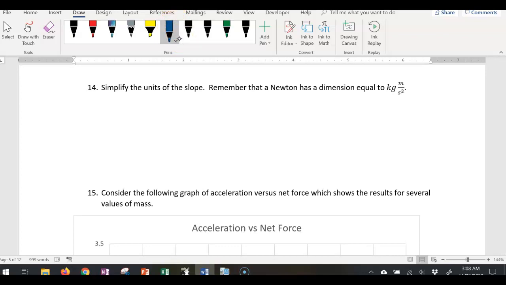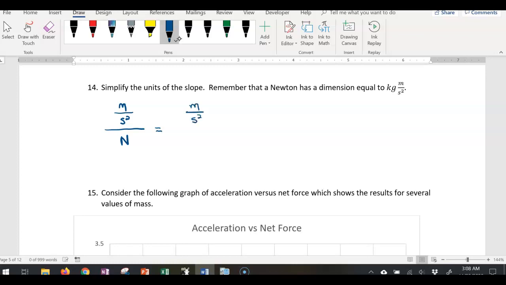Because our graph was acceleration versus net force, the units on the y-axis were meters per second squared. The units on the x-axis were newtons. So these are the units of that slope. And I've given you a hint here. It says, remember that a newton has a dimension equal to a kilogram times a meter per second squared.